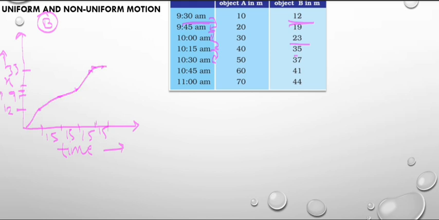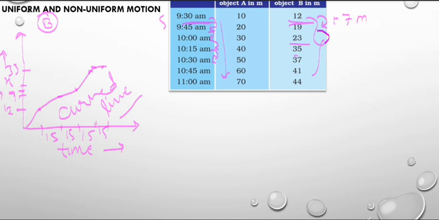So the graph, when we see it, is something like this. The graph so obtained is not a straight line, it is a curved line. Why do we get this curved line? This is because the distance traveled by object B in equal intervals of time is not equal. In the first 15 minutes, it traveled 7 meters.